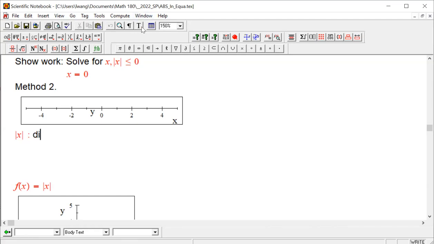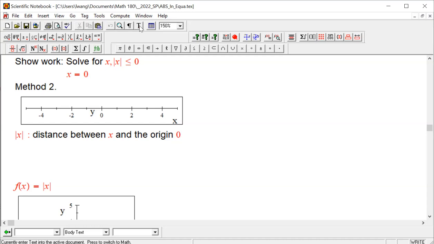Right? It's the distance between x, which is the input, and the origin, 0.